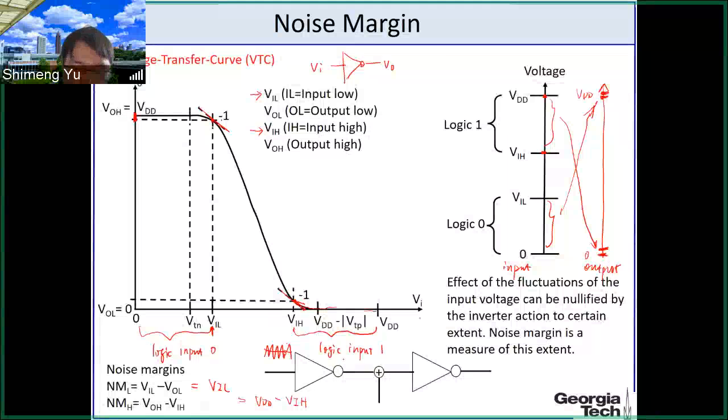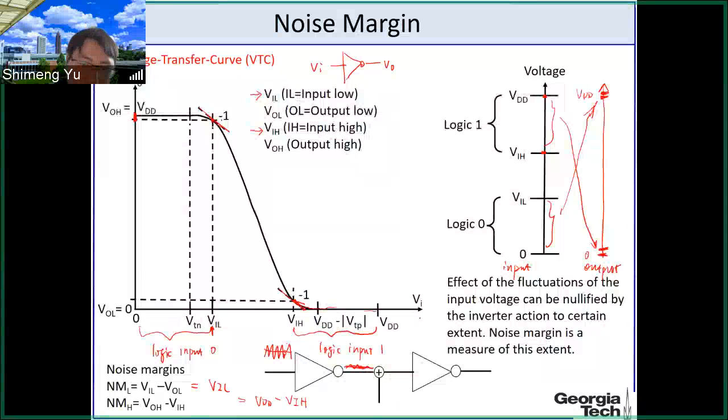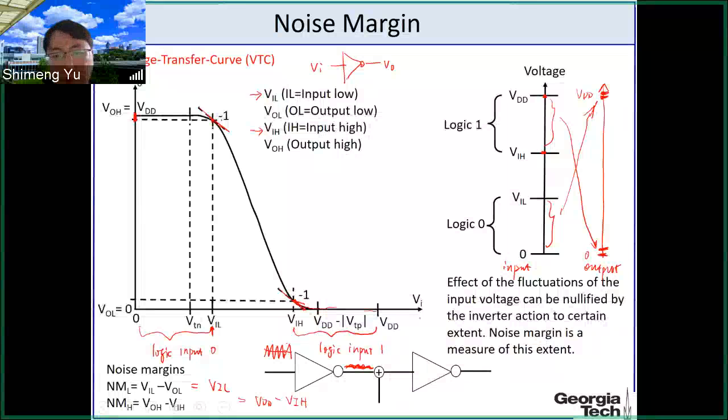So the logic output 0 will have much smaller noise. This is a very good property for digital circuits in general. That's why digital circuit has integrity of the signal, because it can somehow tolerate the noise.